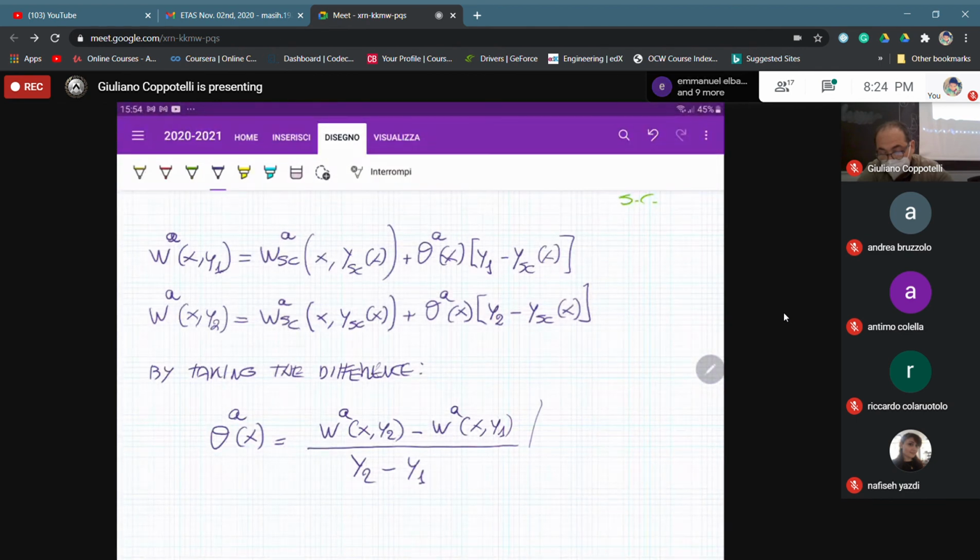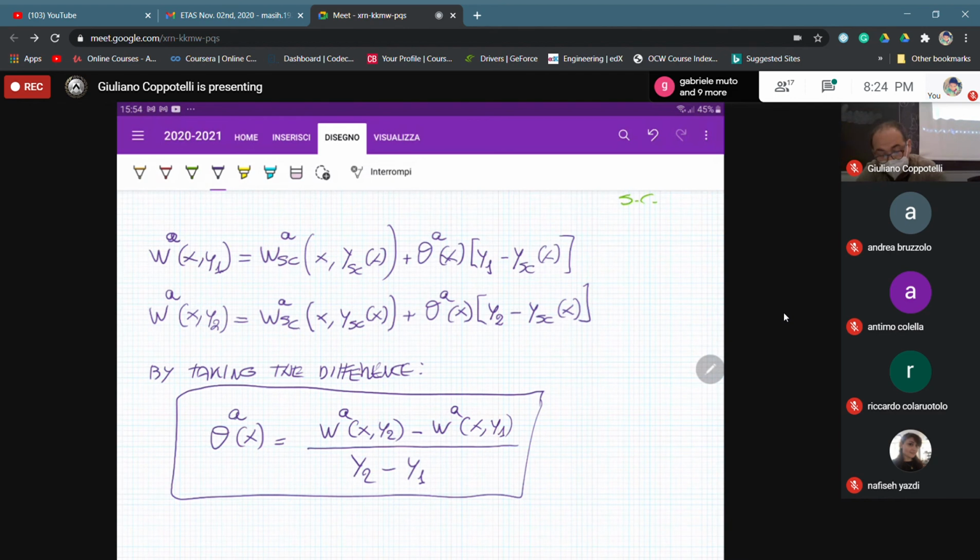And that is one first result. We are able to find out the section rotation by simply evaluating the deflections at 2 points.